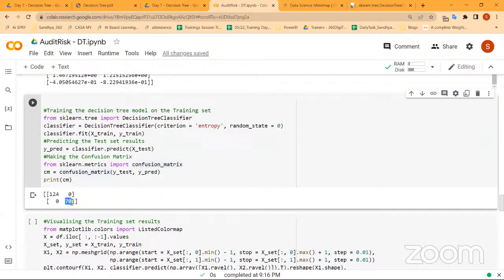So what is a true positive here? My actual value is positive, and my predicted value is also positive. So we say that is a true positive. And then here we got 70 true negatives, which means my actual value is negative and my predicted value is also negative. So that is a true negative.